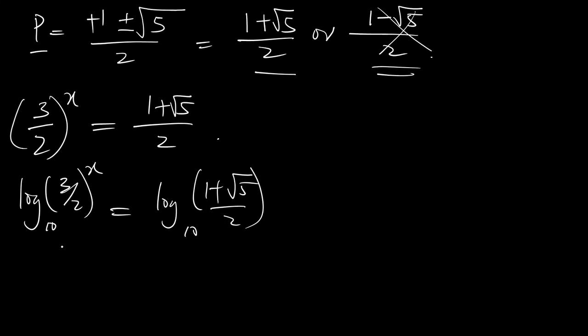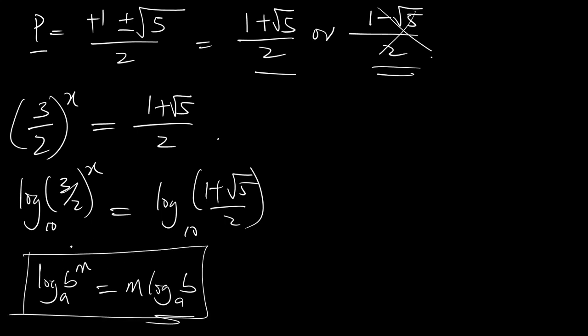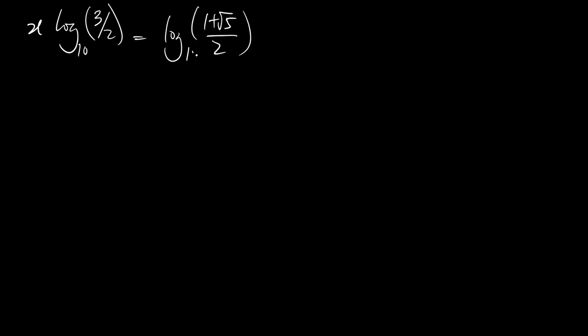Now, according to the law of logarithms, when you have log b to the power m base a, this is the same thing as m log b base a. So applying that rule here, we now have x log 3 all over 2 base 10, which is equal to log 1 plus root 5 divided by 2 base 10.